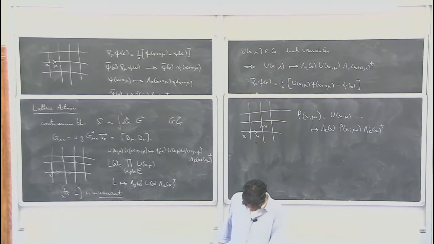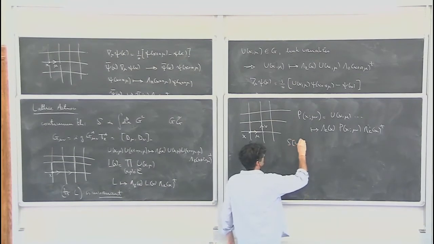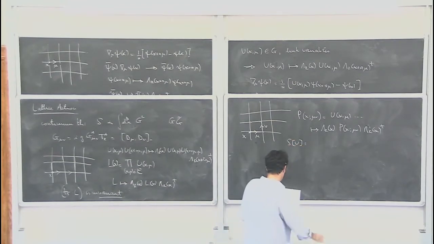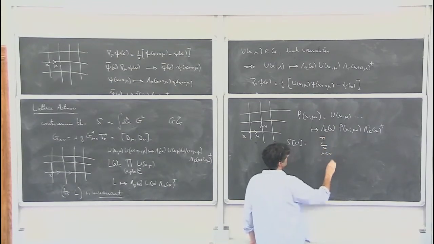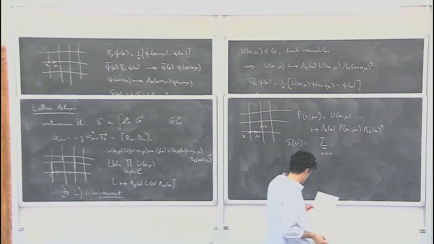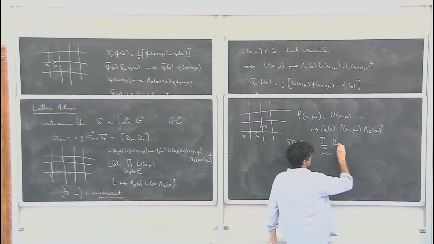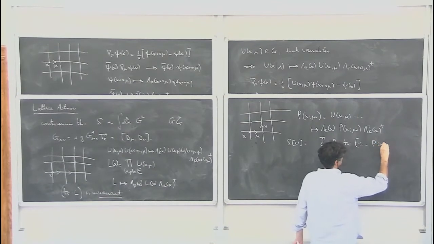And so conventionally, we choose the gauge part of the action to be the sum over x, the sum over all directions mu and nu, counting each of them only once, of the real part of the trace of 1 minus P of x.